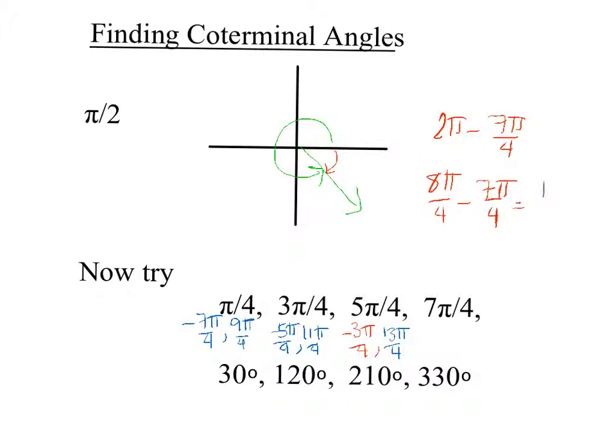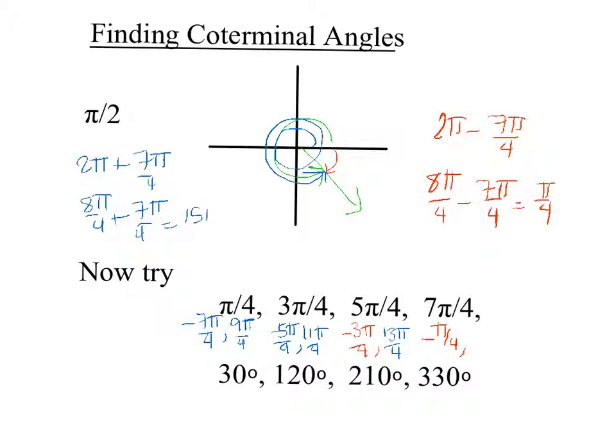That's going to give me pi over 4, but remember I'm going in the negative direction, so it's negative pi over 4. And then if I did the big positive one, I could go around once and then back again to 7 pi over 4. So I've got 2 pi plus 7 pi over 4. So I have 8 pi over 4 plus 7 pi over 4 gives me 15 pi over 4. So that's the second one.